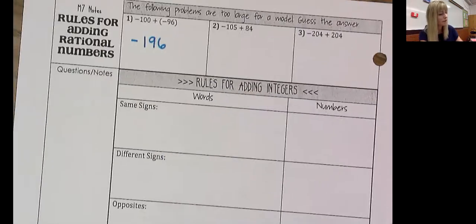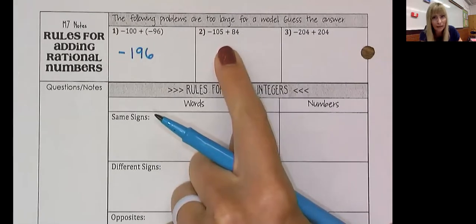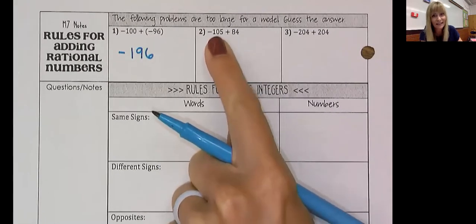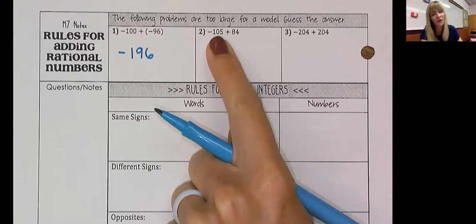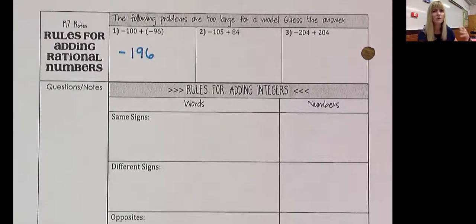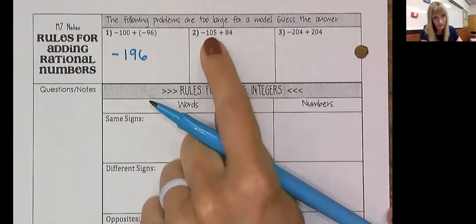All right. Look at this one. Imagine drawing it. Don't actually physically draw it because that's a lot of tiles to draw. And the fact of the matter is too, when these numbers get too big, we are humans and we miscount and we make mistakes when we try to draw those. So let's get ourselves to a place where we can rely on more mathematical processes. So imagine this.